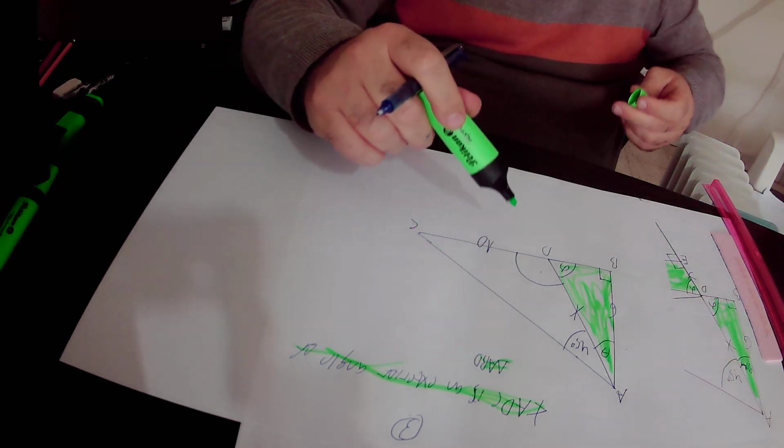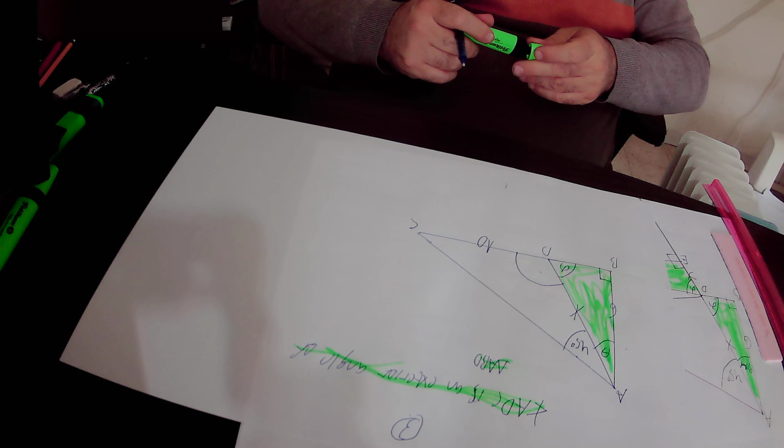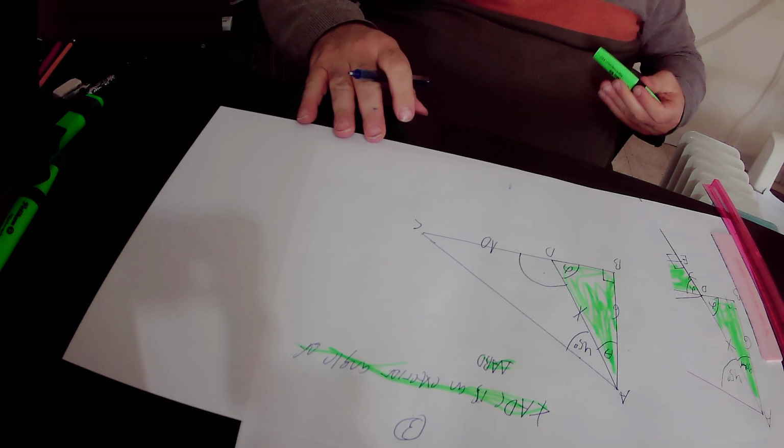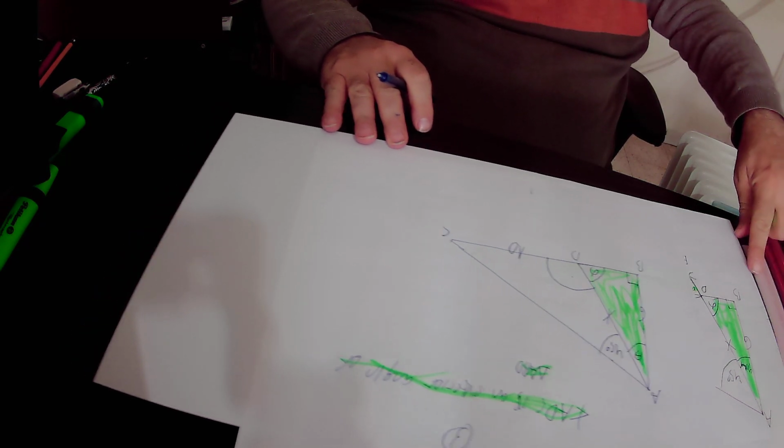We actually have a rule that is related to the size of an exterior angle of a triangle.